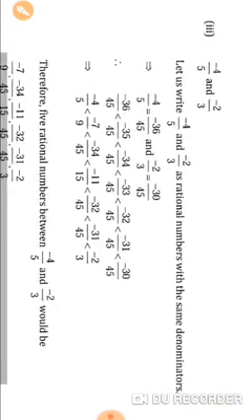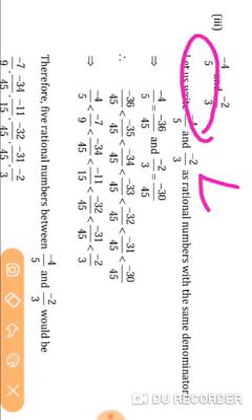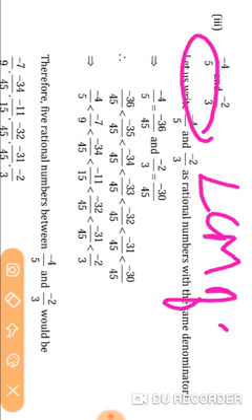Then minus 4 by 5 and minus 2 by 3. See here, very important, these do not have a common denominator. How can we write them? We need the same denominator, isn't it? So what we have to do is take the LCM of the denominators. The LCM of 5 and 3 is 15, isn't it?